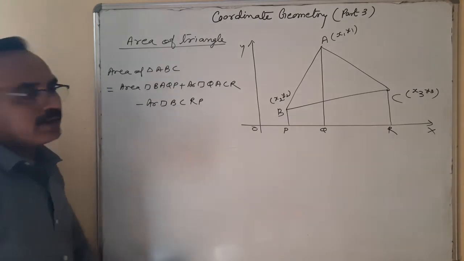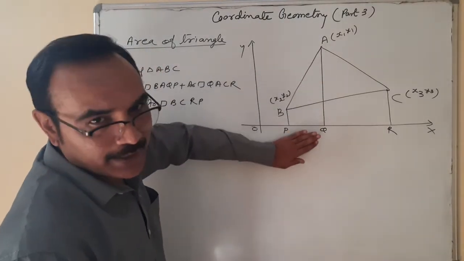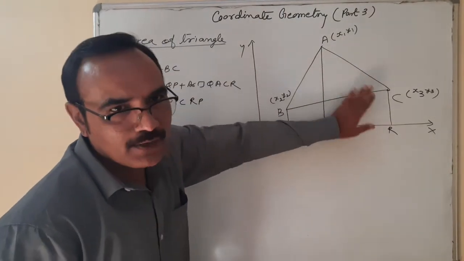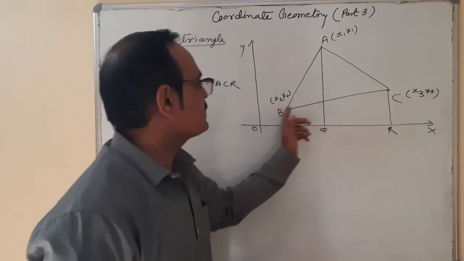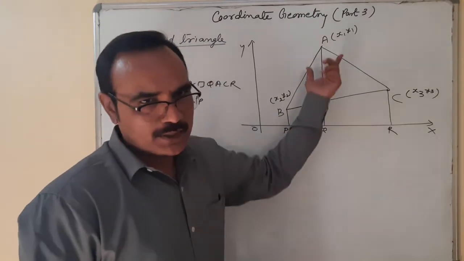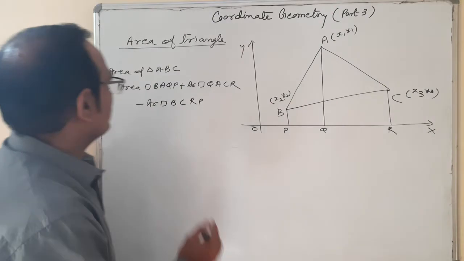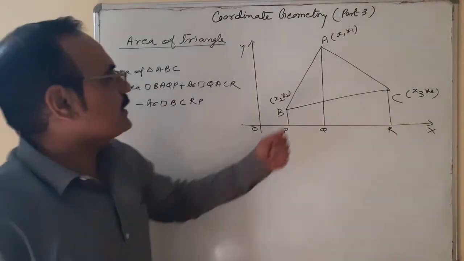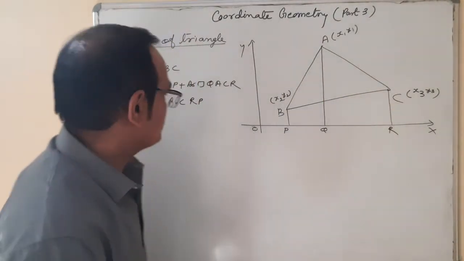Is that okay? First of all, we are finding this complete area plus this complete area, and from these two complete areas, if I subtract this area, then what is left? Area of triangle. So using this concept, we are finding the area of triangle ABC.